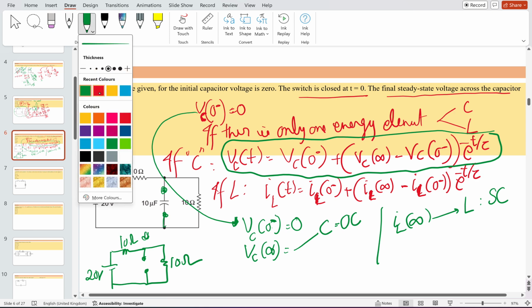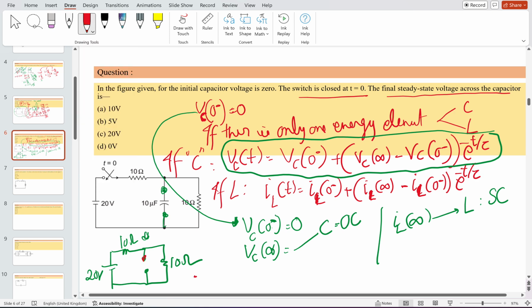The voltage which appears across this open circuited terminal: what current will flow? Current is equal to 20 divided by 20, which is 1 ampere, flowing here. So the voltage across this will be 10 volt. So the 10 volt will appear here.